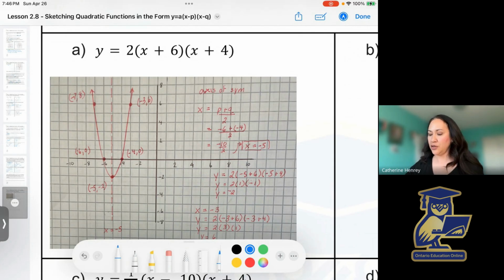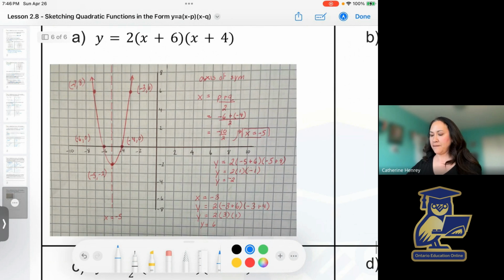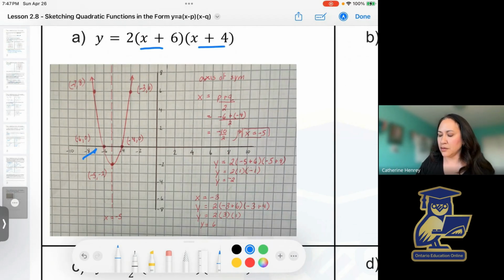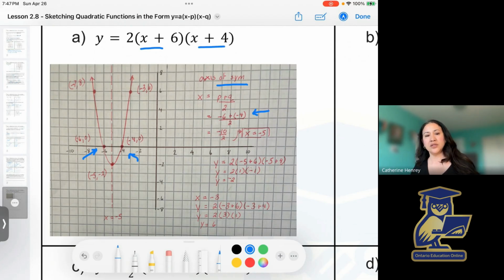So what I want you to note here is that the two intercepts are plotted here and here. Then to find my axis of symmetry, x equals p plus q divided by 2. So I plugged in my values for p and q here, which was -6 and -4.